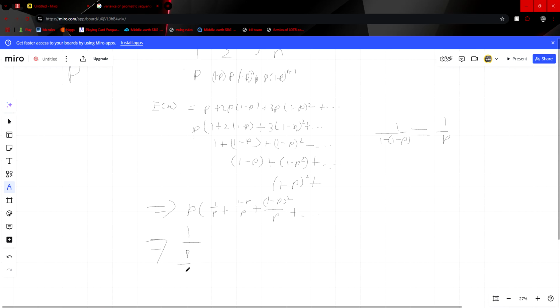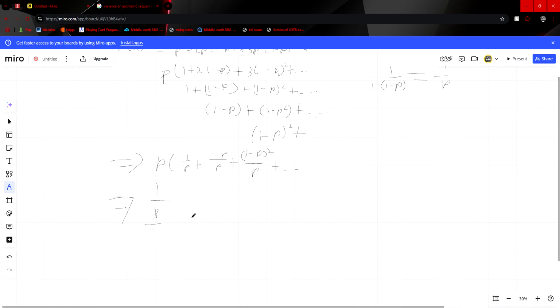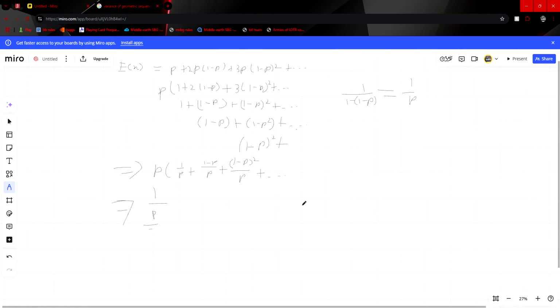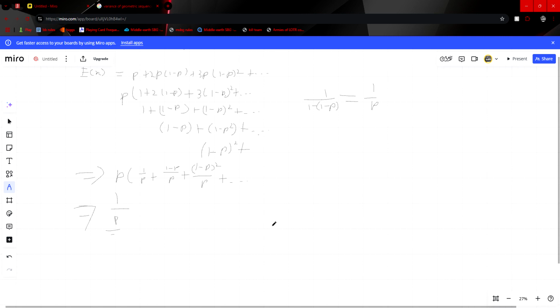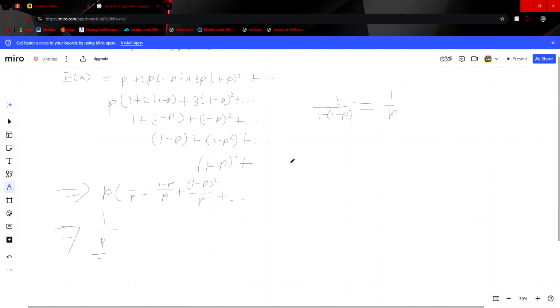Alright, so that's what the expected value is, and that's why the expected value is that, just a bit more rigorously, I suppose. And you can do a similar thing for the variance. So the variance is the mean of the squares minus the square of the mean, isn't it?